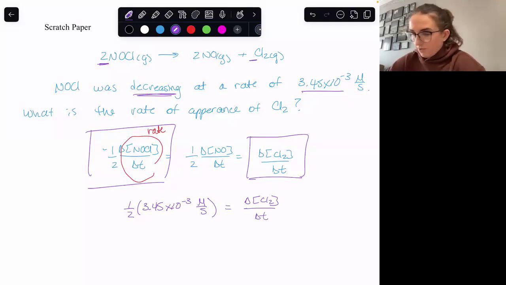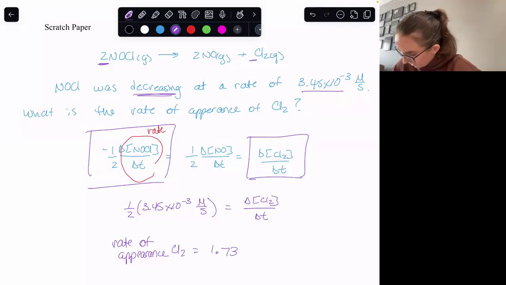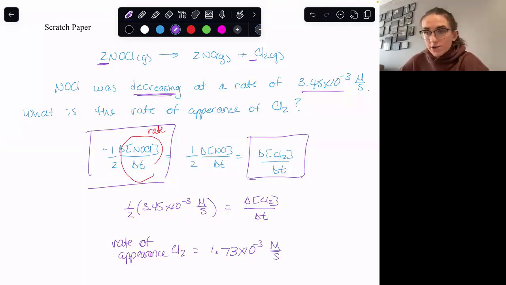If we just take 3.45 and divide that by 2, then we know that the rate of appearance for Cl2 is 1.73 times 10 to the negative 3 molarity over seconds, which is smaller than the rate of disappearance for NOCl. So that matches our prediction.